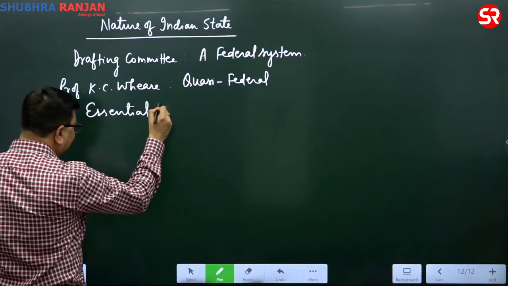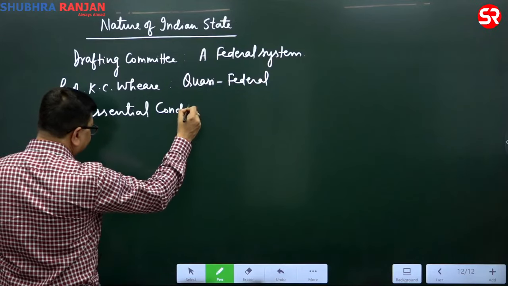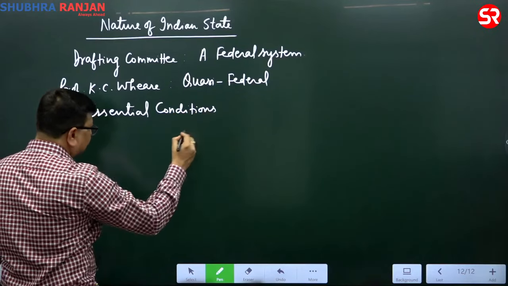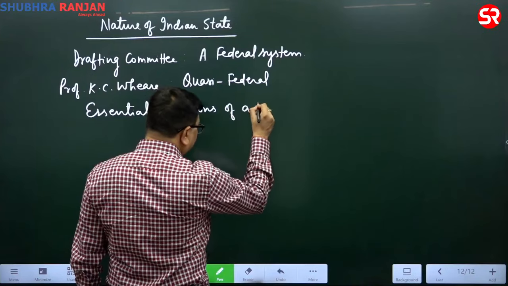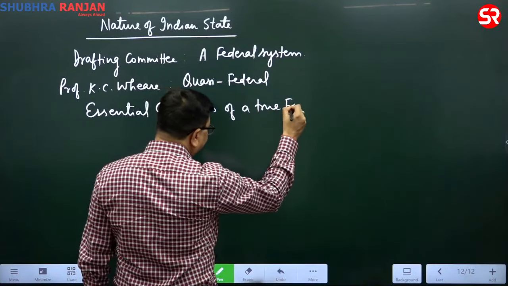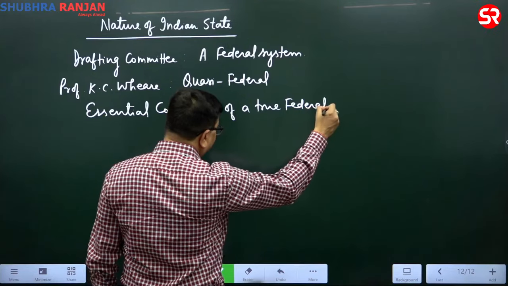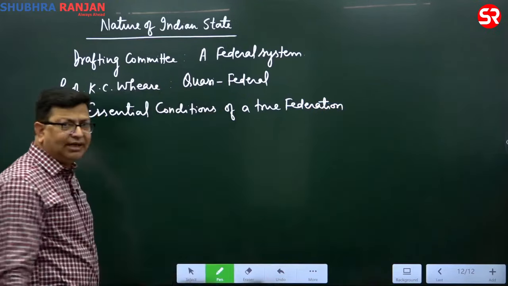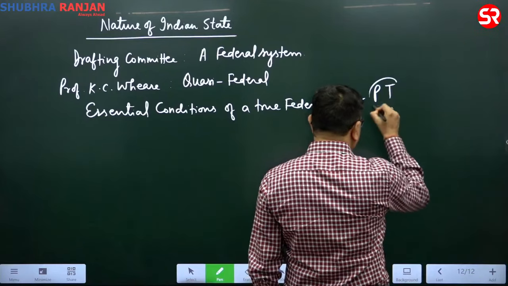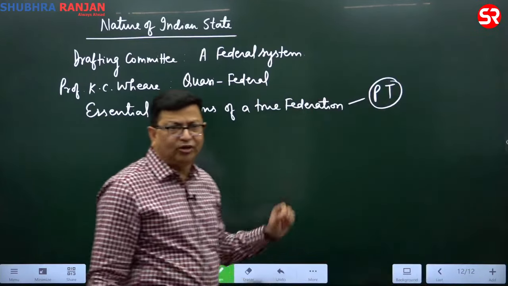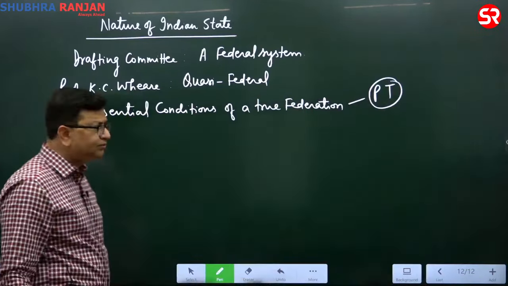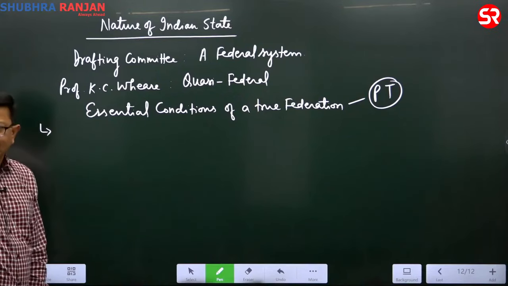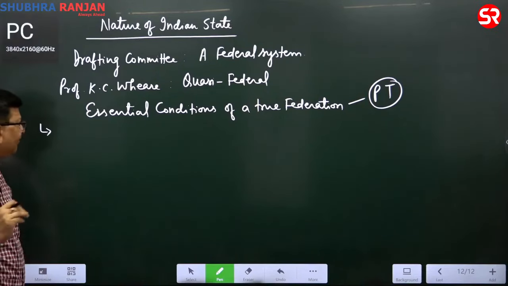the essential conditions of a true federation. Essential conditions of a true federation. It is important from the prelims point of view. Means, what are the essential aspects that have to be there in a federal system?